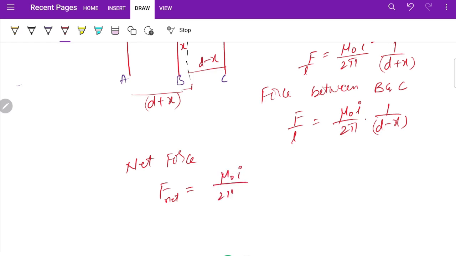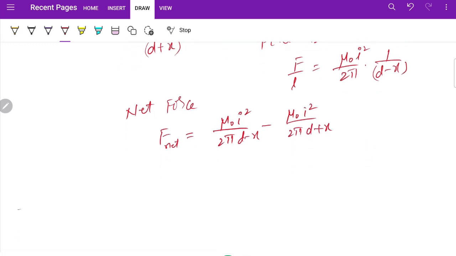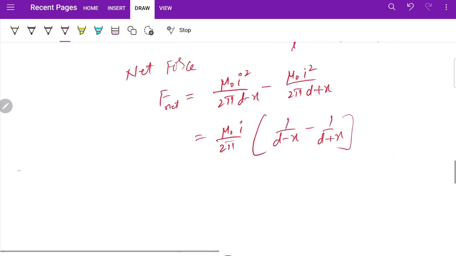It will be mu naught I by 2 pi, 1 over d minus x minus 1 over d plus x. So mu naught I by 2 pi is common, and we get d plus x minus d plus x over d square minus x square, taking the LCM.